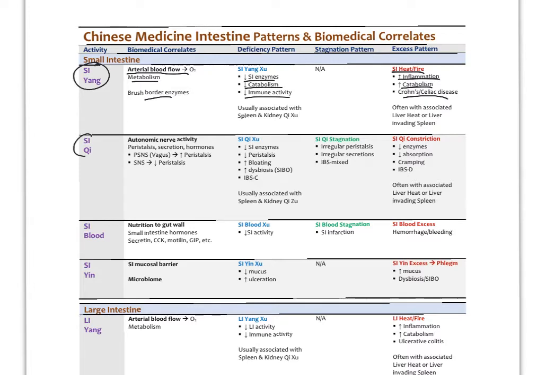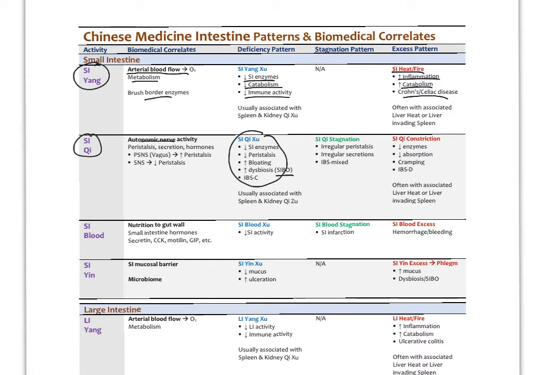The qi deficiency would relate more to autonomic nerve problems. In the qi deficiency, we'd see more lack of enzymes, but also lack of peristalsis, more bloating, and the lack of peristalsis might lead to small intestinal bacterial overgrowth, or SIBO.